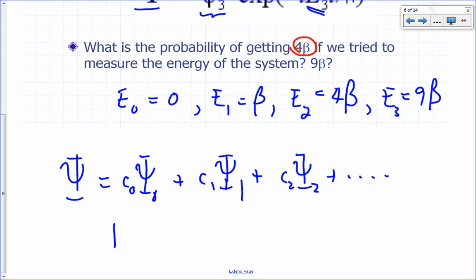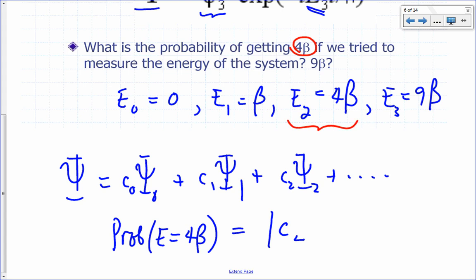So what's the probability that if you measure the energy, you get 4 beta? 4 beta is for n equals 2, for psi 2. So the probability that you're going to get the eigenvalue of psi 2 would be the absolute value of C2 squared, right?